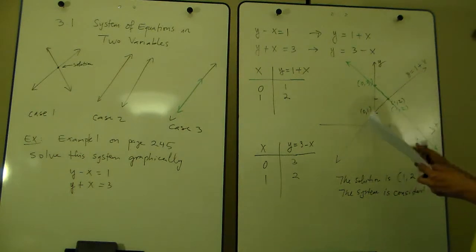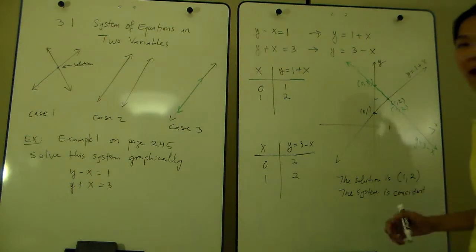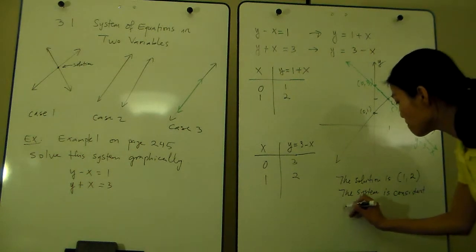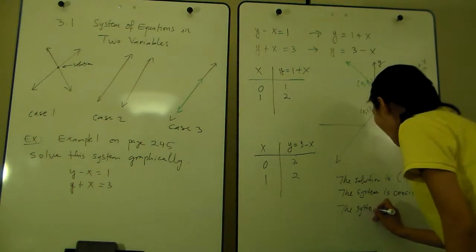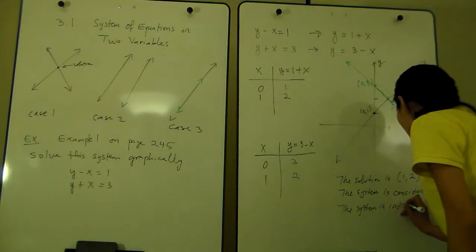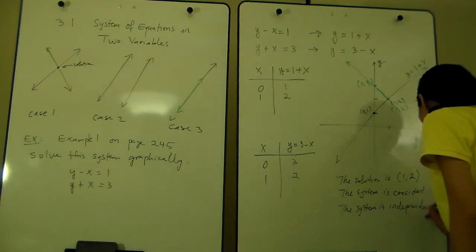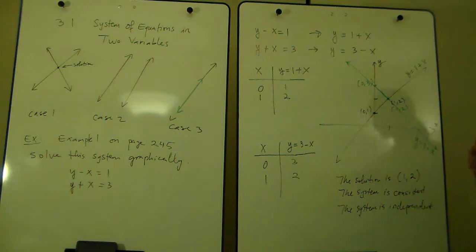Then the system is independent. So the solution is (1, 2). The system is consistent because it has 1 solution. The system is independent because these 2 lines are different lines.